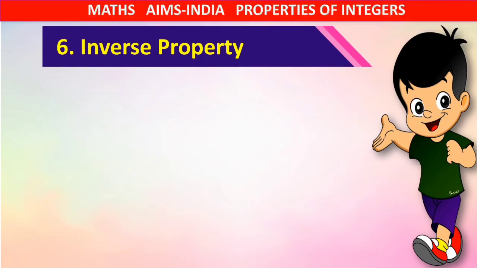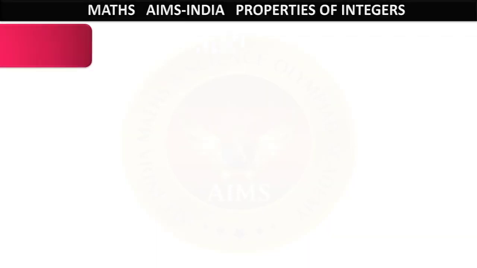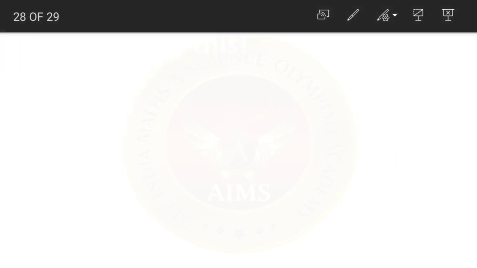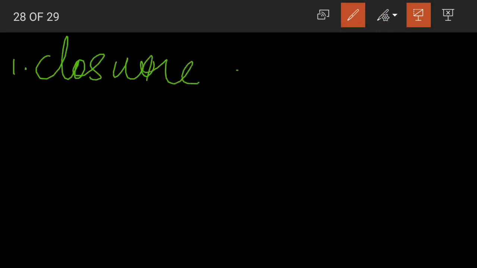Okay class, clear? What did we learn about today? We learnt about properties of integers. The first property was closure property. Closure property means, when we added, multiplied or subtracted integers, the answer should also be an integer.